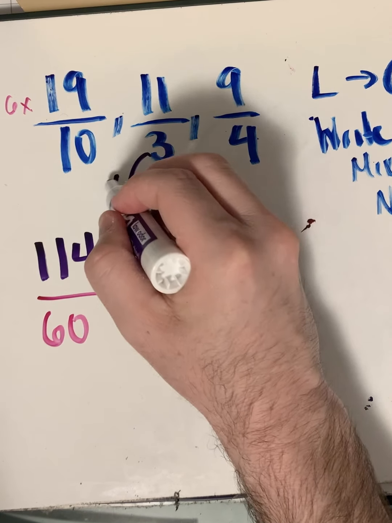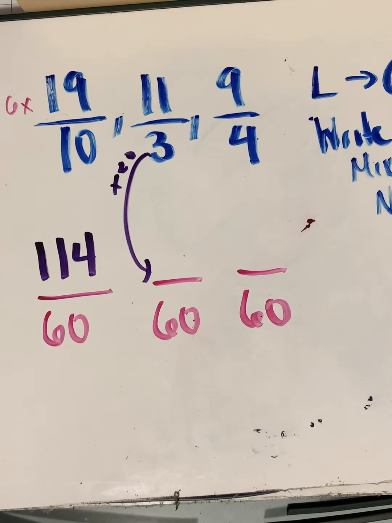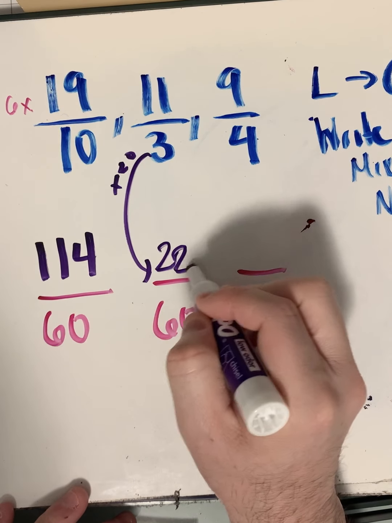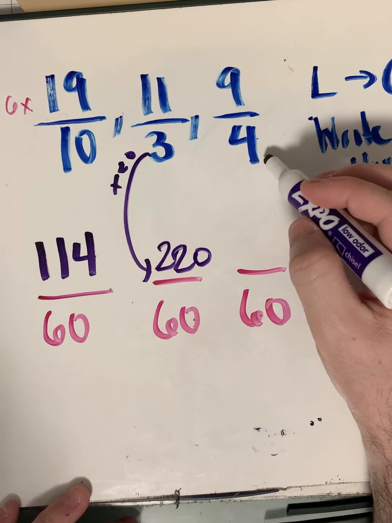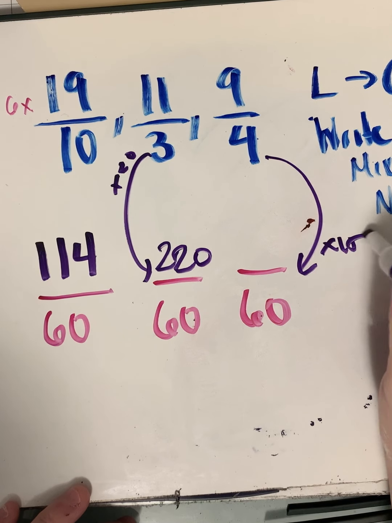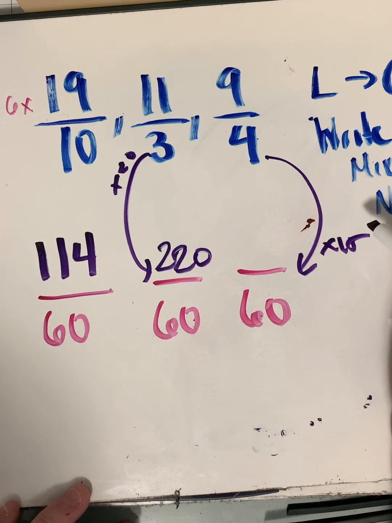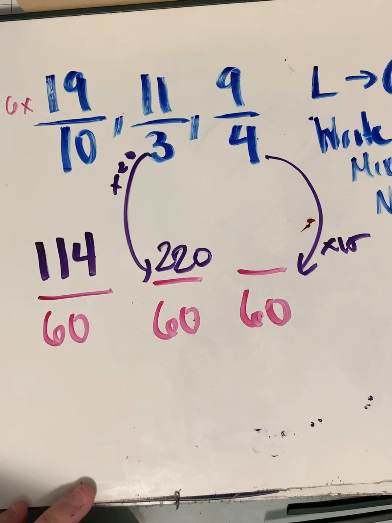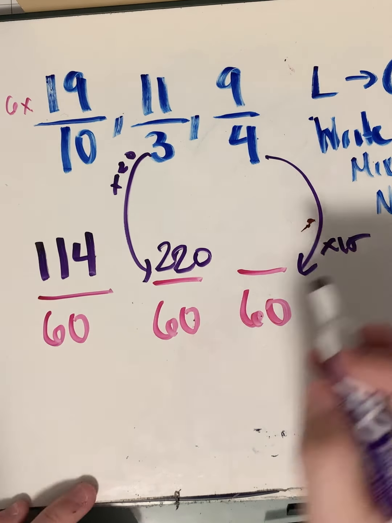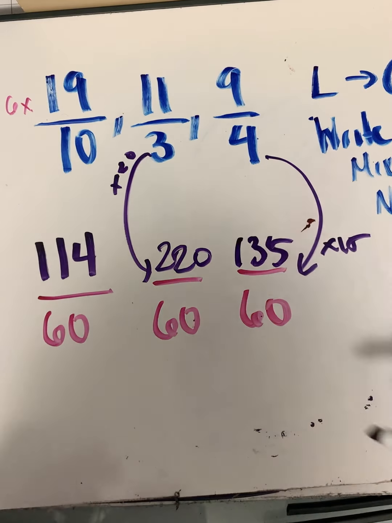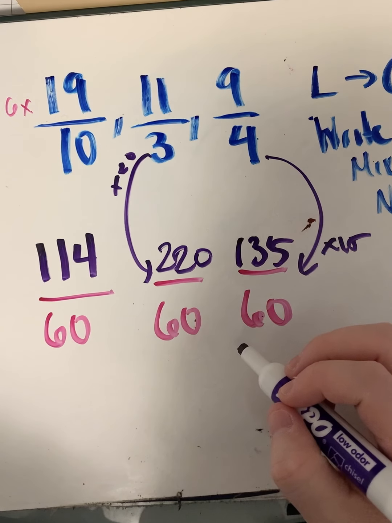I multiply by 20. 11 times 20 is 220. And I multiplied by 15. 4 times 15, so 9 times 15 will give me 135.